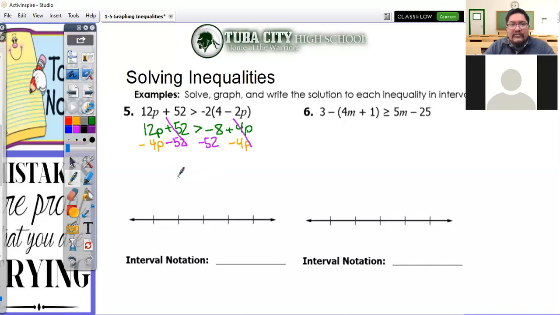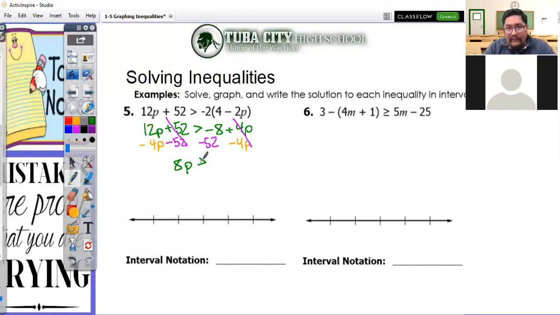So now they each trade away something that they want for something they don't want, or they trade away something they don't want for something they do want. 12 minus 4 is going to be 8p. Now we did some subtraction. Subtraction will not switch the inequality, okay?